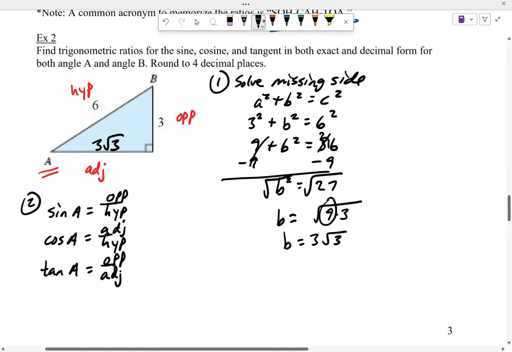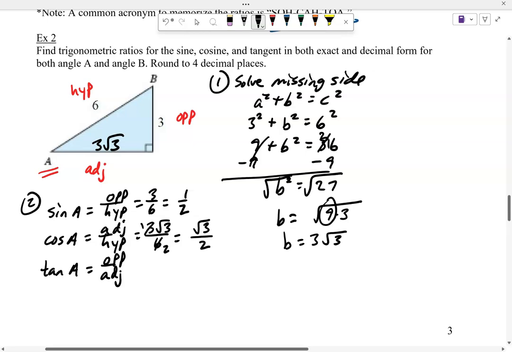The sine of angle A would be the opposite side, so 3 over the hypotenuse, 6, which of course reduces to 1/2. So we have the sine of angle A as a half. Cosine of A would be the adjacent over hypotenuse, so 3 root 3 over 6. And remember, 3/6 is 1/2, so I got 1 root 3, which is just root 3 over 2.